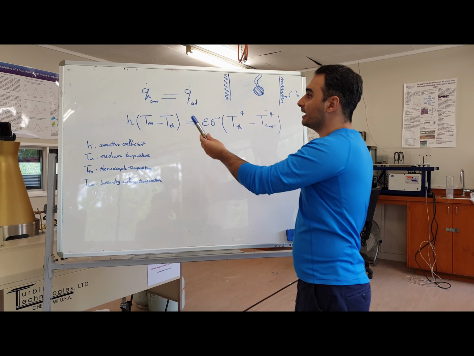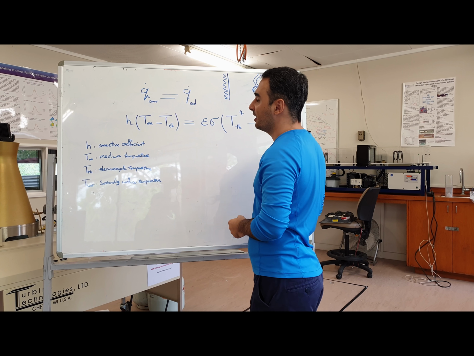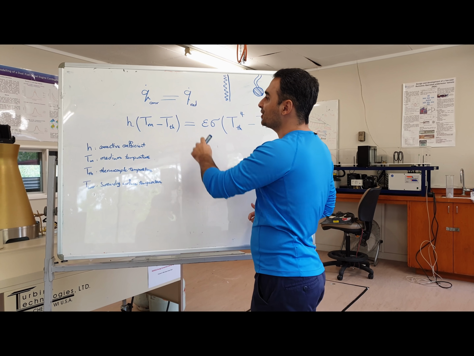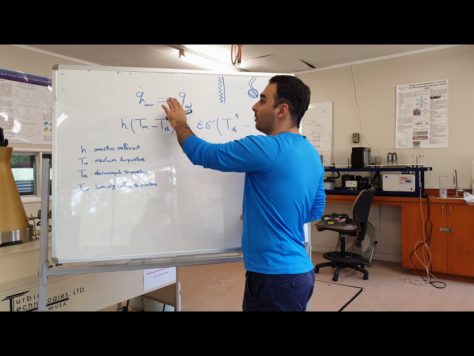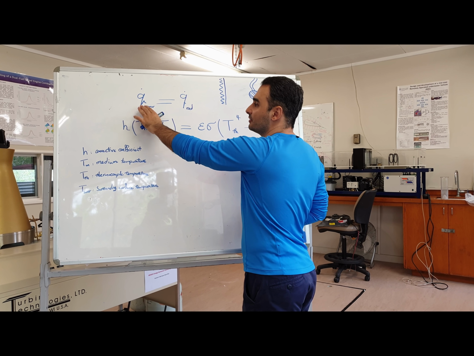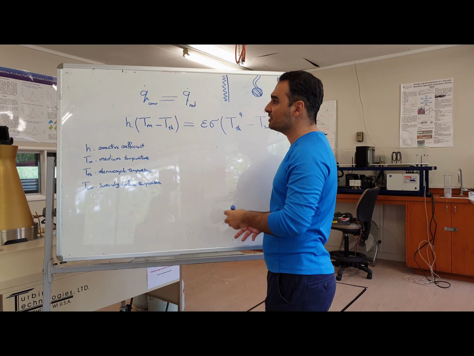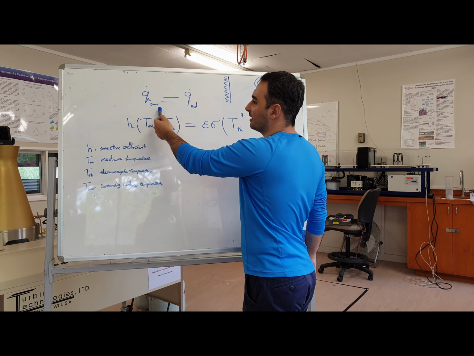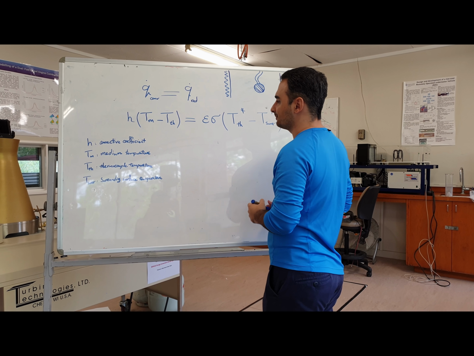We can write an energy balance when we have forced convection and radiation. Basically, we say whatever heat we are absorbing from the radiation must be lost using forced convection. You may say, what about natural convection? We can say because we have forced convection and velocity is high, we may neglect natural convection.